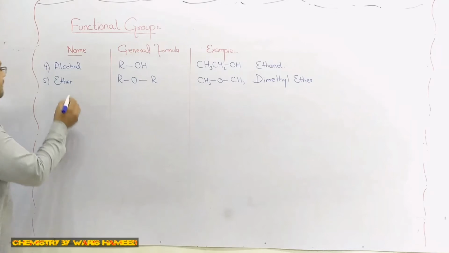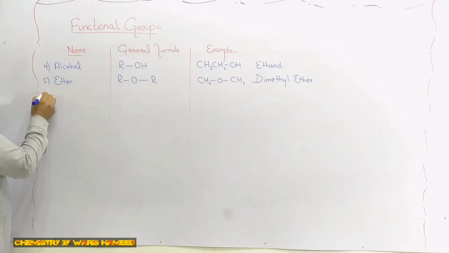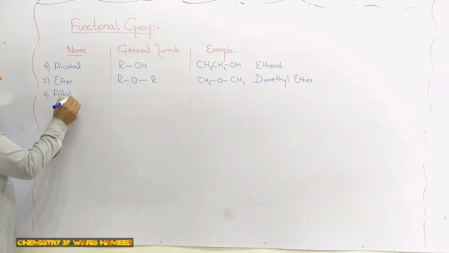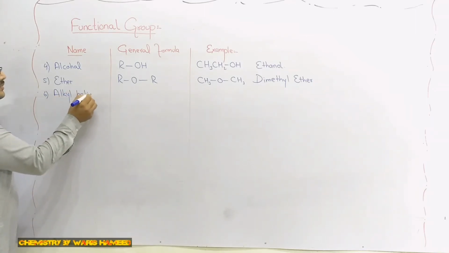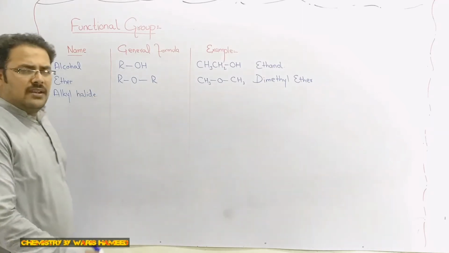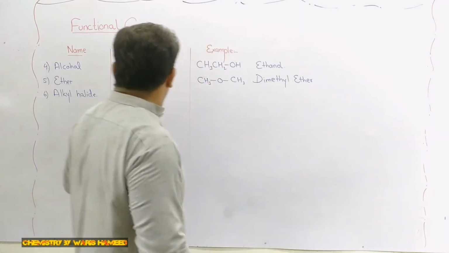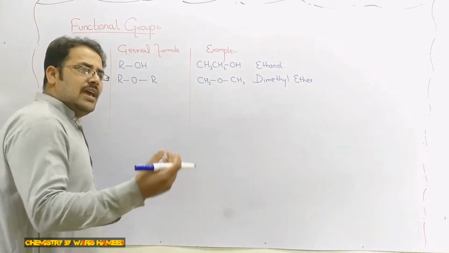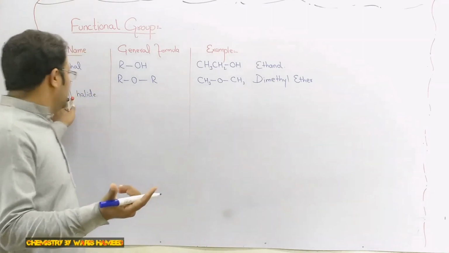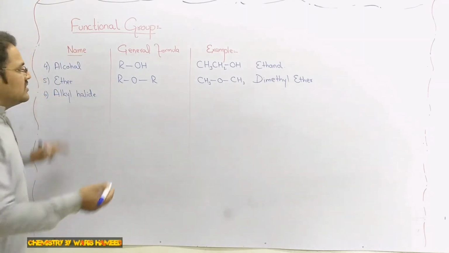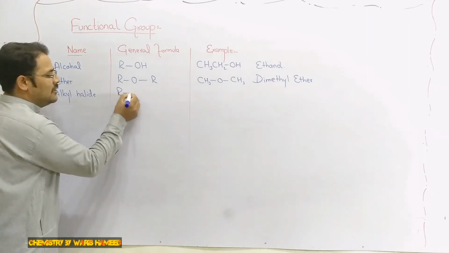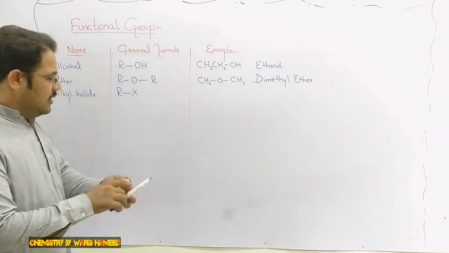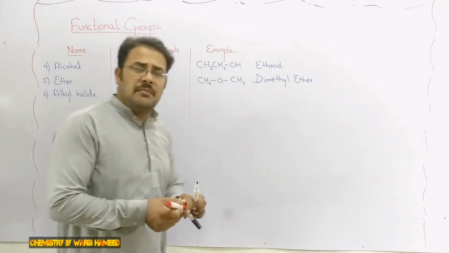Next example is alkyl halides. We can analyze it by its name: alkyl means a group which has one hydrogen less, and halide means halogen, the X atom, which is related to the halogen family.